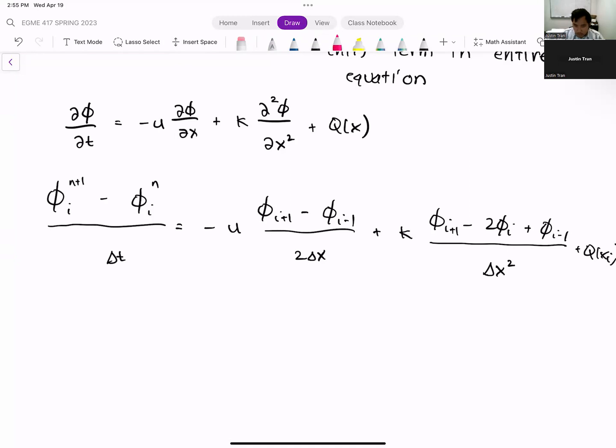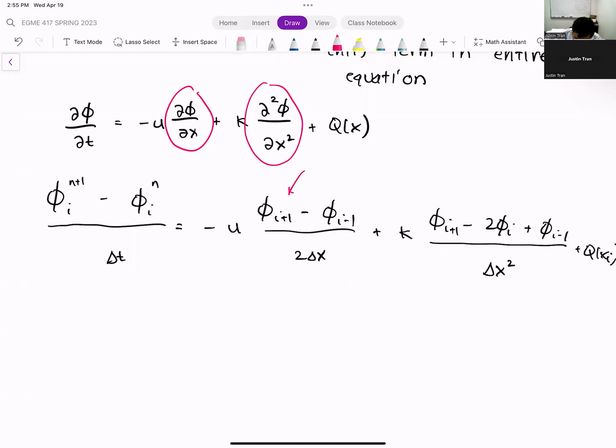So this is what we have after we apply our finite differences to all the derivatives. The main thing you should focus on is that for the derivatives on the right-hand side, our space derivatives, we don't have any time indices assigned yet.